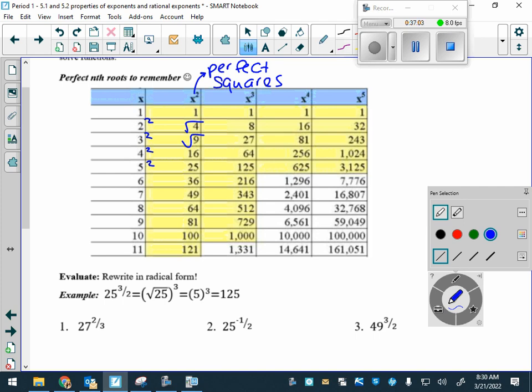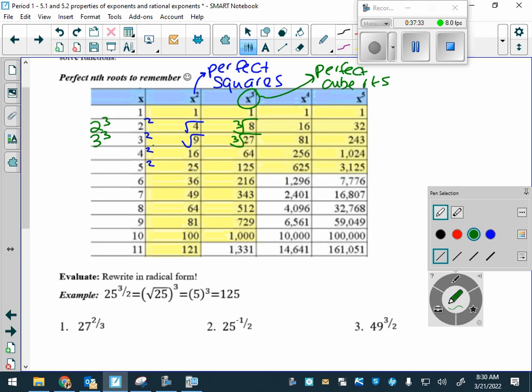The next column are your perfect cube roots. This is important to remember. These are your perfect cube roots. So that means when I take the cube root of 8, I'm going to get 2. 2 cubed equals 8. Cube root of 27. 3 cubed gives me 27.